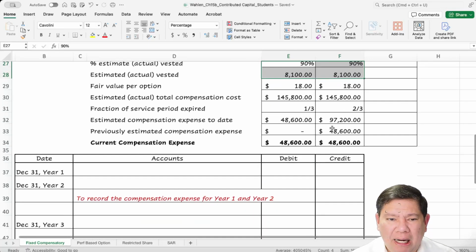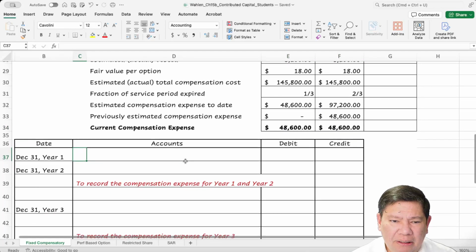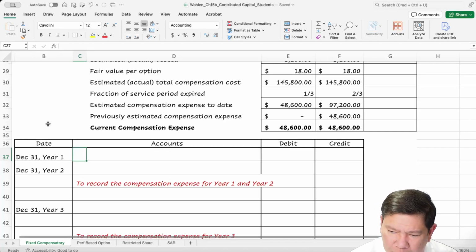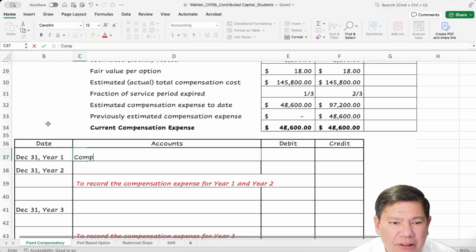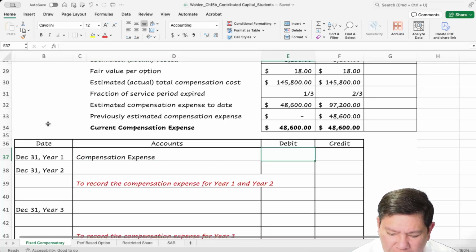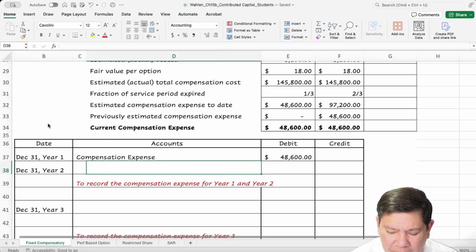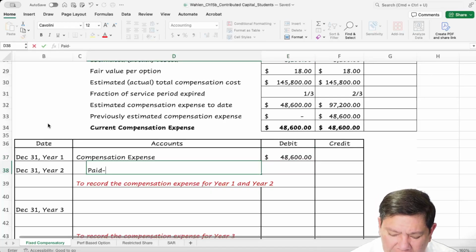So we can prepare the journal entry because these two numbers are the same. The journal entry for year 1 and year 2 are going to be the same. So we recognize compensation expense 48,600, and then paid-in capital from share option.